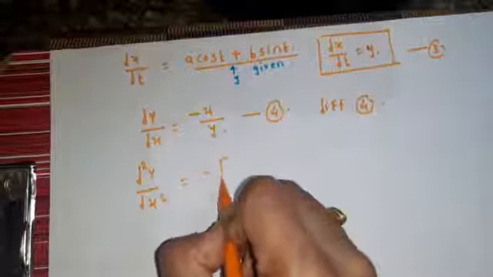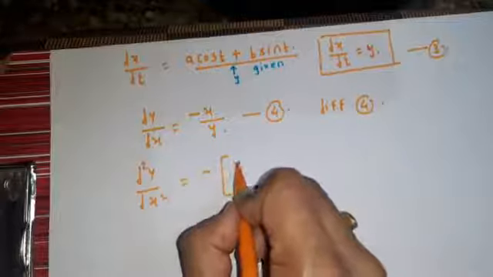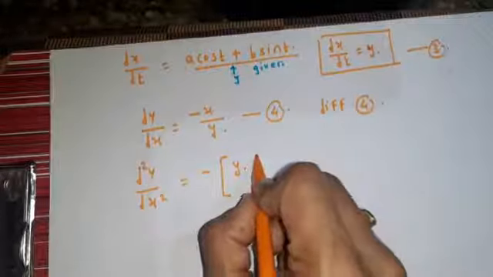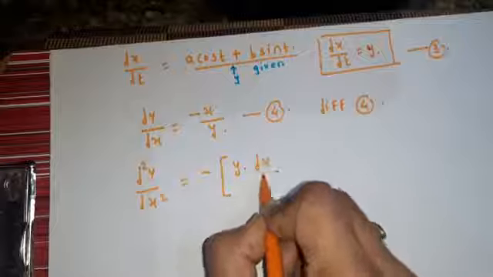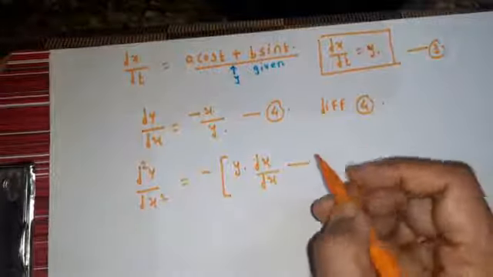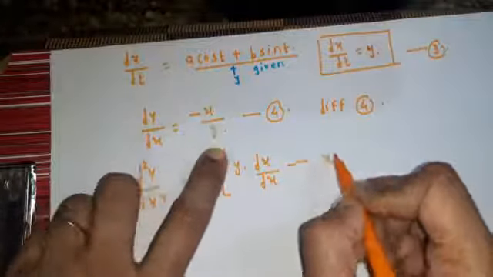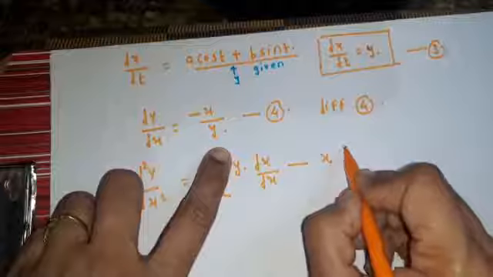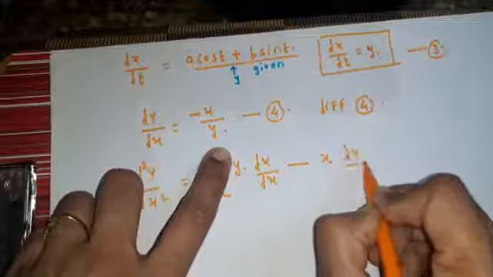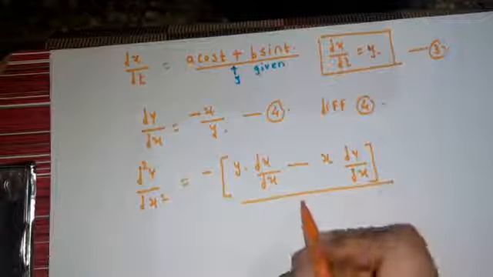So here in u upon v rule, the function at denominator is constant, differentiation of numerator, that is dx with respect to x, minus sign. The function at numerator constant, and now differentiation of y with respect to x upon y square.